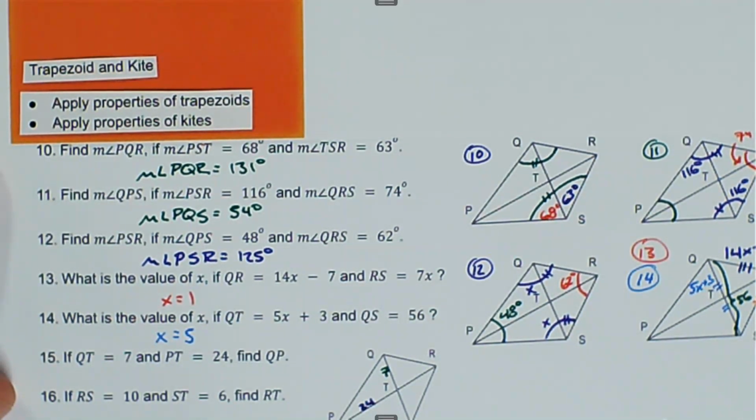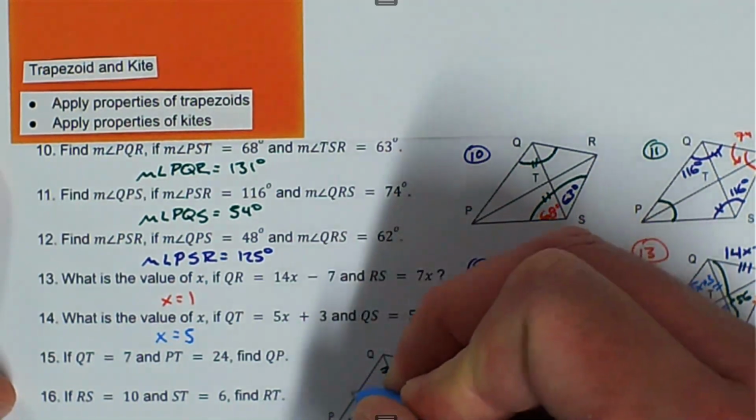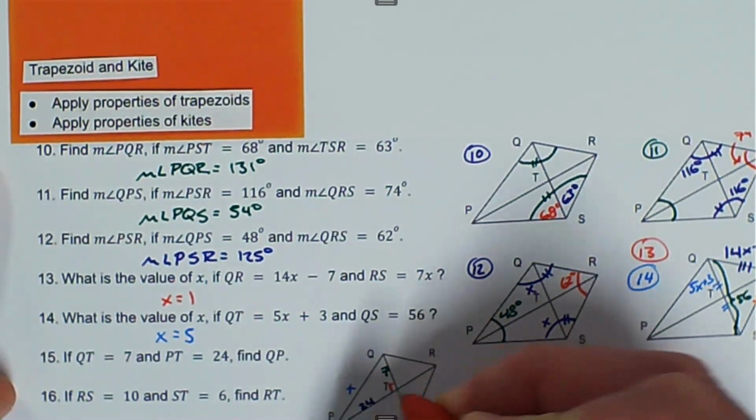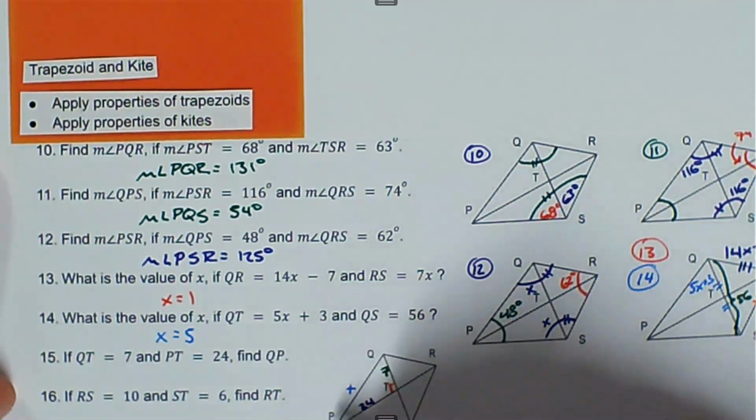Find QP, and that is right there. So we can see that this is a right triangle, so we can use the Pythagorean theorem. We have that triangle right there.